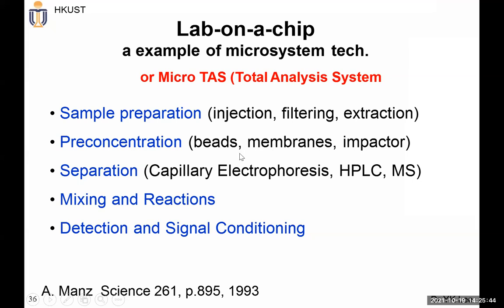Pre-concentration includes micro membrane impactors, which usually work in air form. Then for separation, we can do capillary electrophoresis, CE, or HPLC mass spec, and do mixing, reaction, detection and signal conditioning. Basically, we have a series of this kind of integration on the chip level.